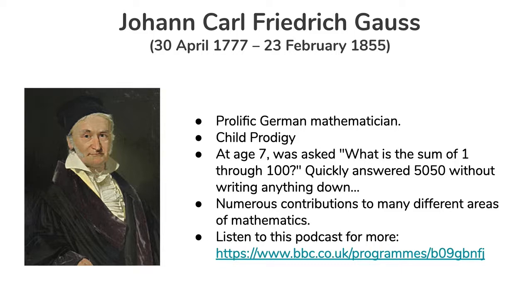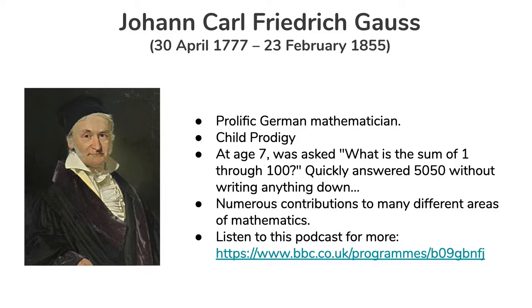And the teacher just sort of flabbergasted, how did you know that? And he recognized that there are 50 pairs. 1 and 100 add up to 101. 2 and 99 add up to 101. 3 and 98 add up to 101. There are 50 such pairs, so you multiply 50 times 101 and you get 5,050.